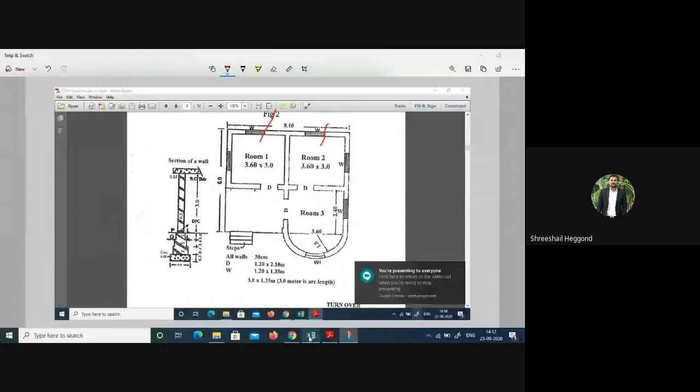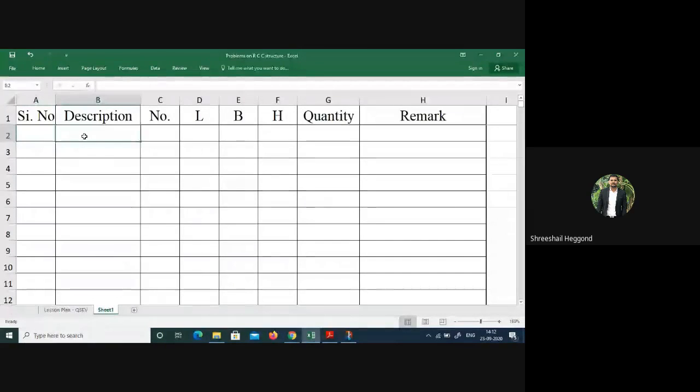So the center line length calculation I can write as 3.9 into 2, because 2 walls are there.